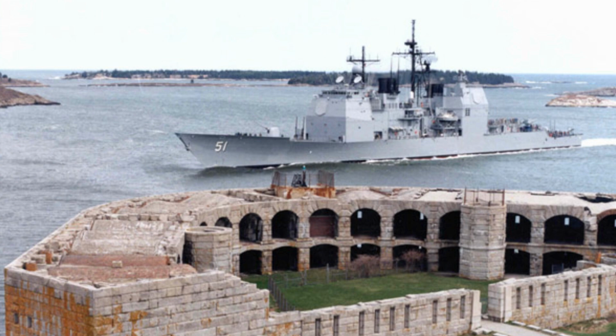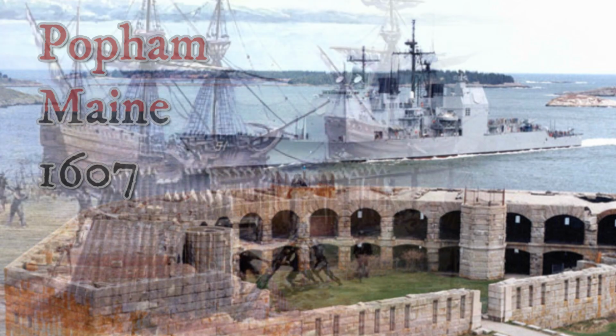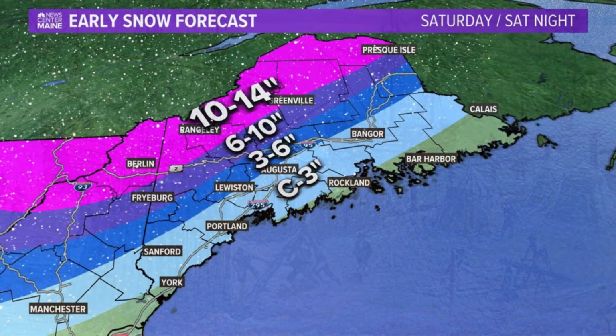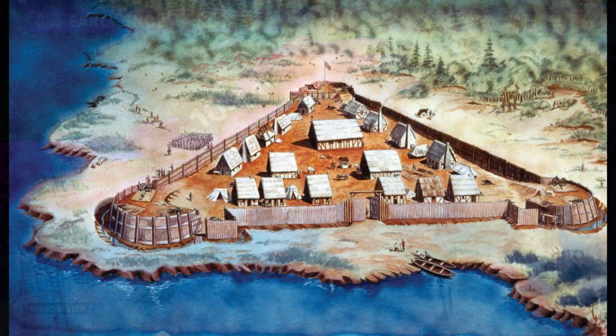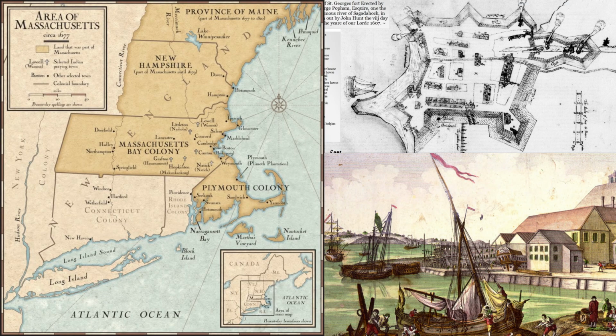Did you know that the first settlement was established by the Plymouth colony at Popham in 1607? Now, that was the same year as the settlement at Jamestown. But because the Popham colony didn't survive the very harsh northern winter, Jamestown is what we get to know as America's first settlement.